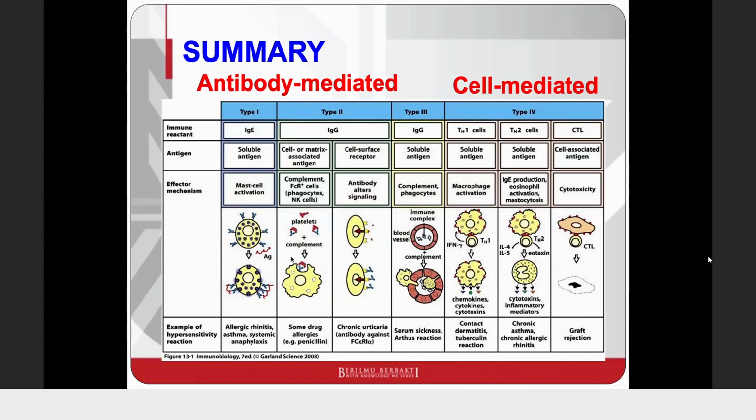All right, so in summary, we have type 1, type 2, type 3, and type 4. You can see the immune reactant is IgE for type 1, versus type 2 and type 3, which can be IgG or IgM. Type 4 is T cells. And then you can see this is cell surface receptor, this is soluble antigen, and the different effector mechanisms. The examples of hypersensitivity reactions here are more on humans, but you can add, based on my previous slide, those that you can see in animals.